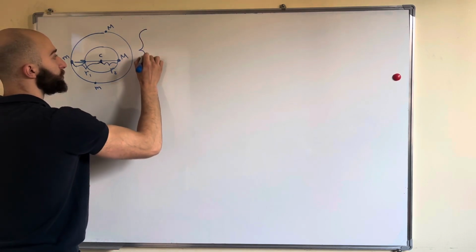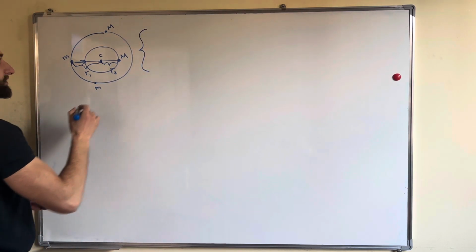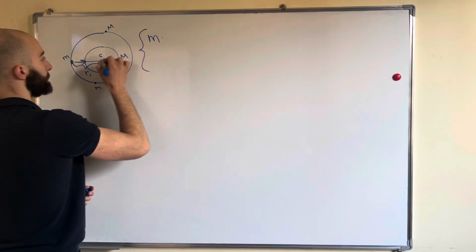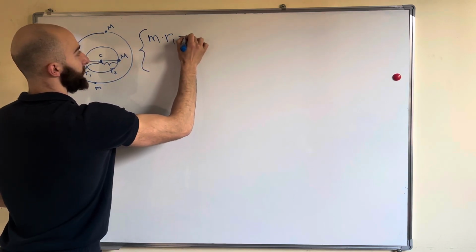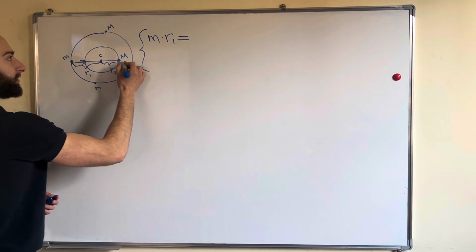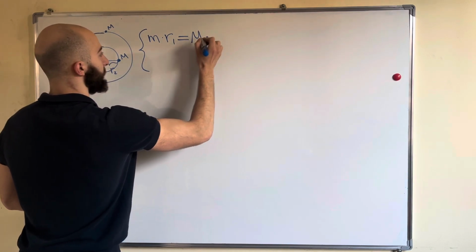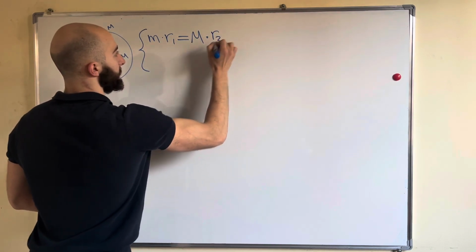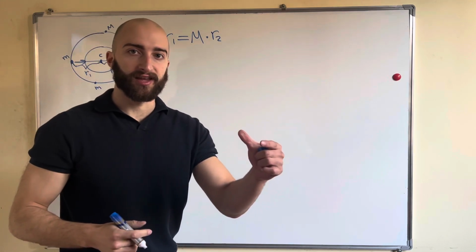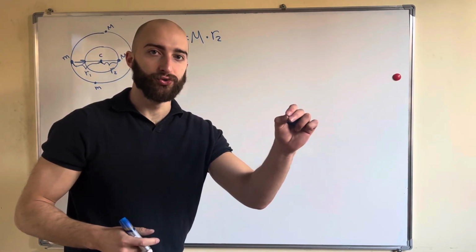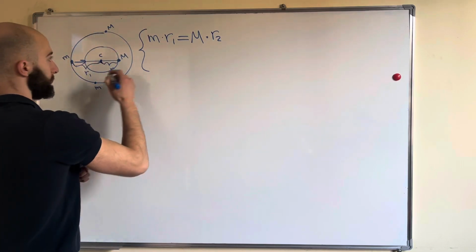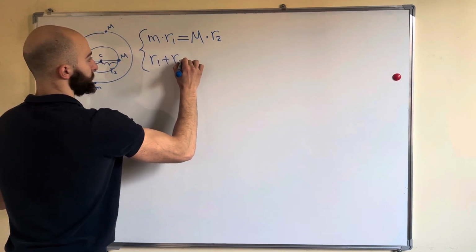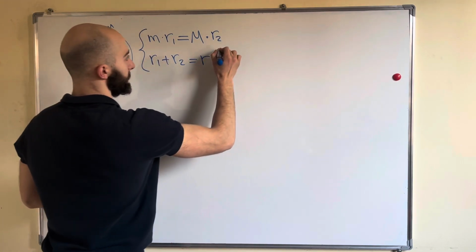Let's write the definition of center of mass. It is that small m times R1 should be the mass of the other star times R2. And also let's use the fact that R1 plus R2 will be R, so R1 plus R2 is the distance between the stars.